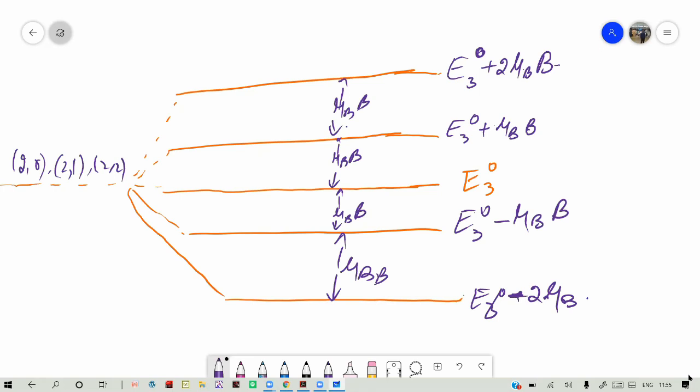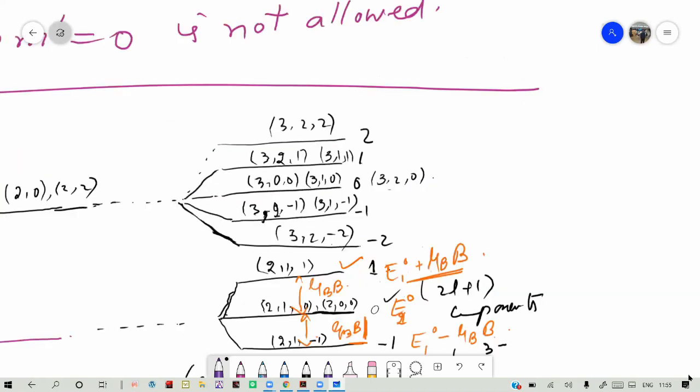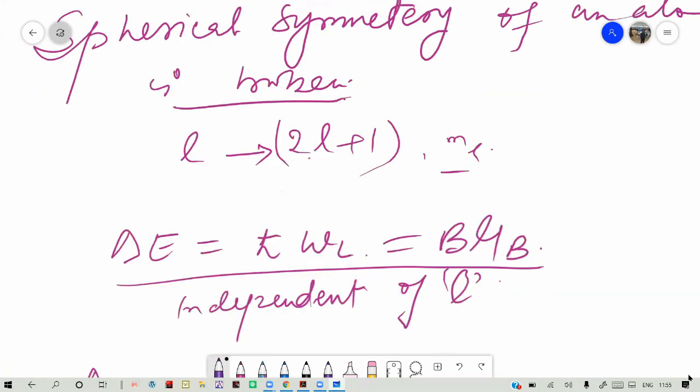This is how we draw the energy level diagram in case of a normal Zeeman effect. You can directly infer this from this equation. This is your final equation.